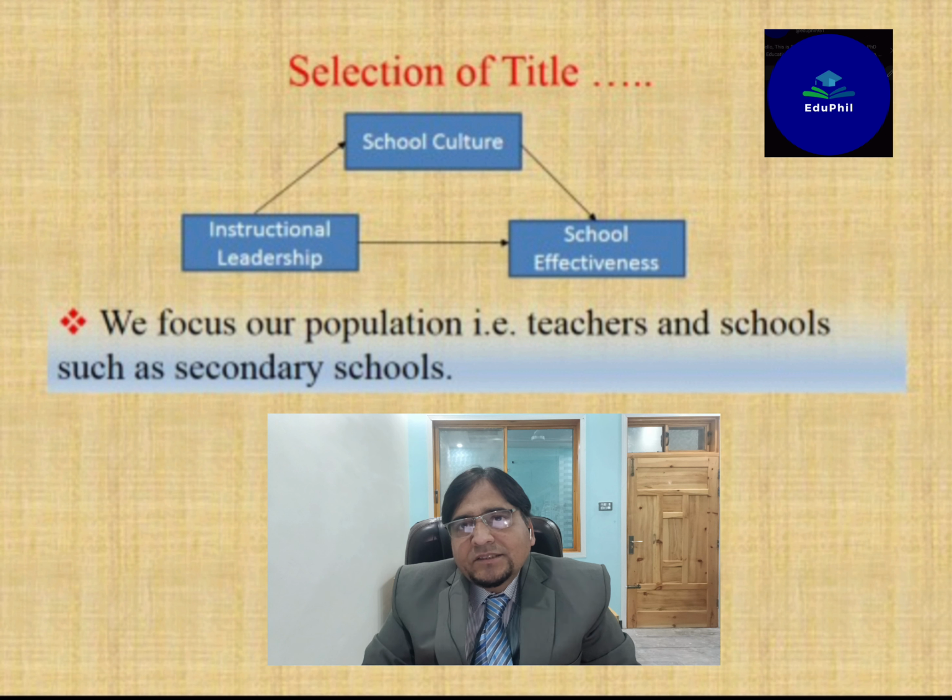After getting this triangular model, we will think about our population, that is who will be our population, for example teachers, principals, students or parents. In this regard, I will study the teachers of the secondary schools. So the teachers of the secondary school will be my population.